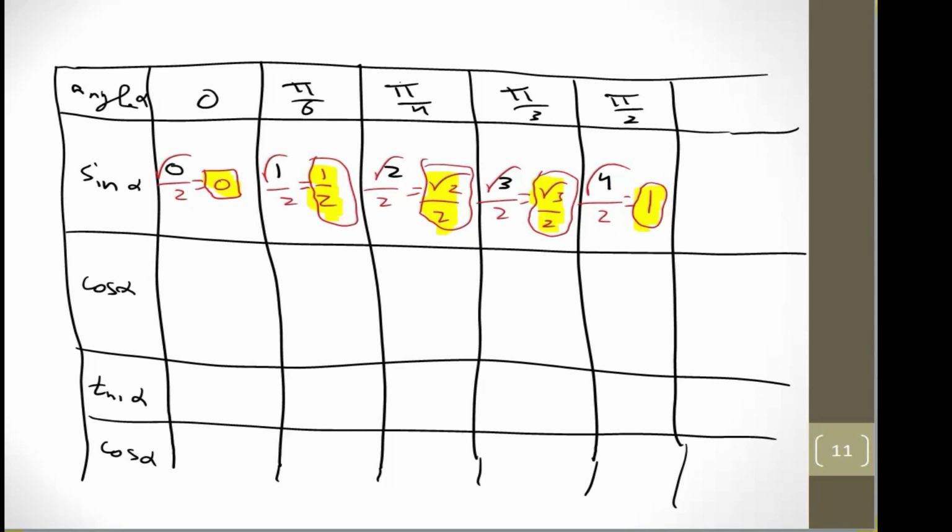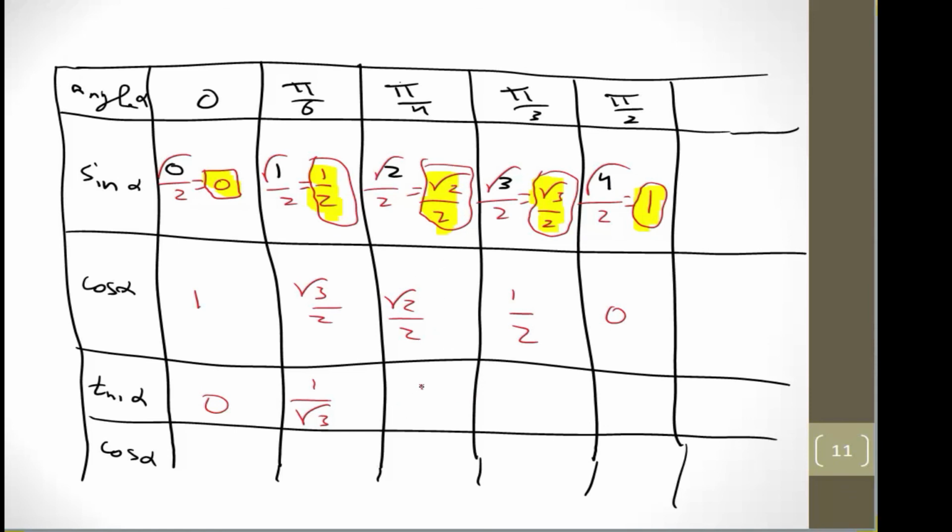Okay, now to find the cosine, just write the opposite of them: 1, radical 3 over 2, radical 2 over 2, half, and 0. Okay, to find the tangent, we write sine over cosine, so 0. Then 1 over radical 3, which is radical 3 over 3.